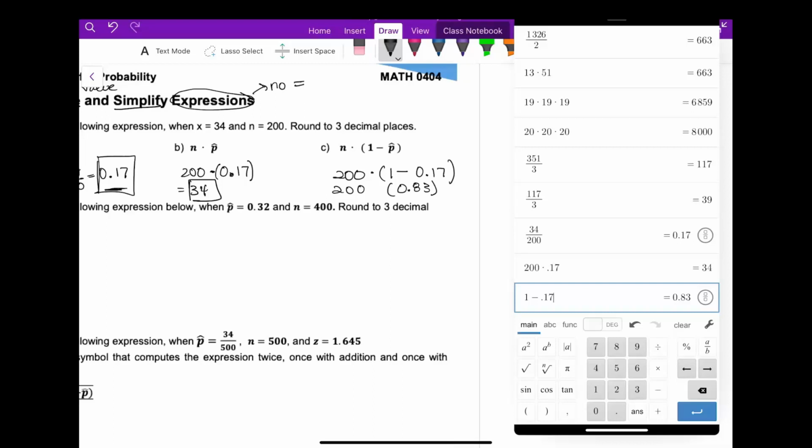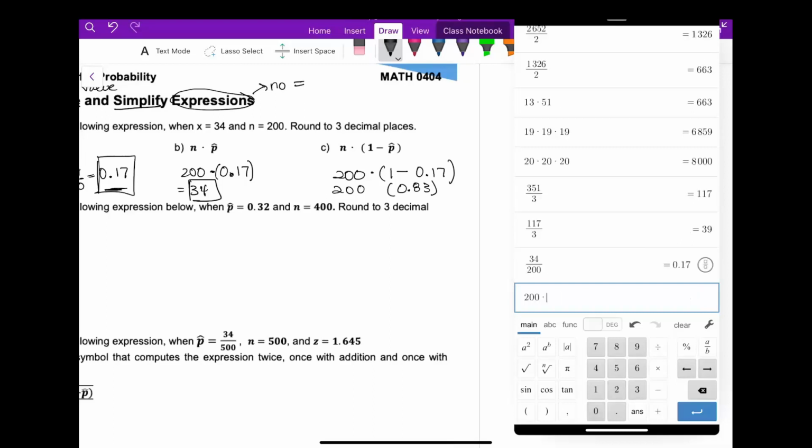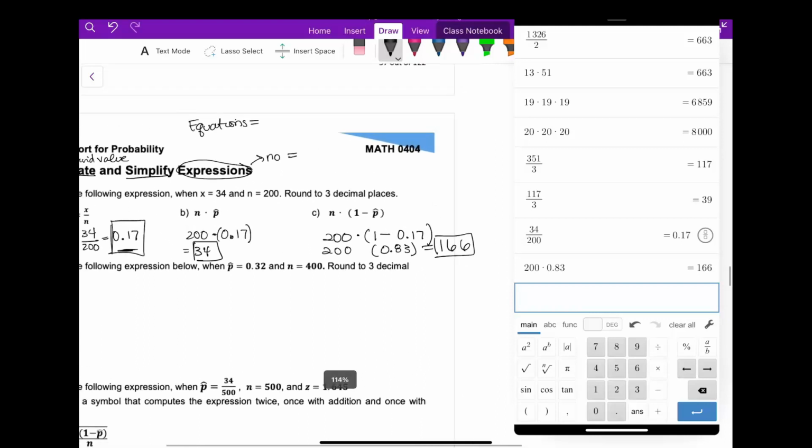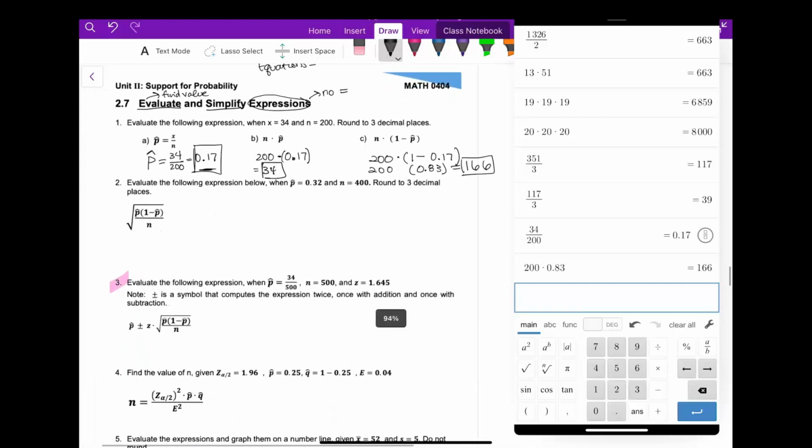And we are ready to multiply 200 times 0.83 or 83 hundredths. And that is 166. No need to round to 3 decimal places in this section.